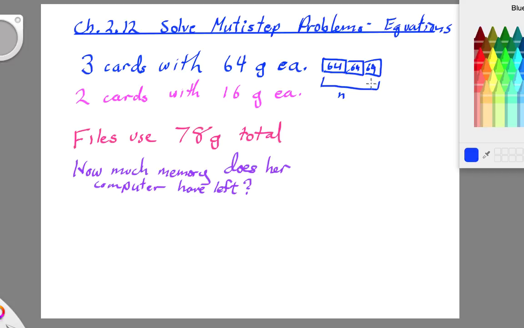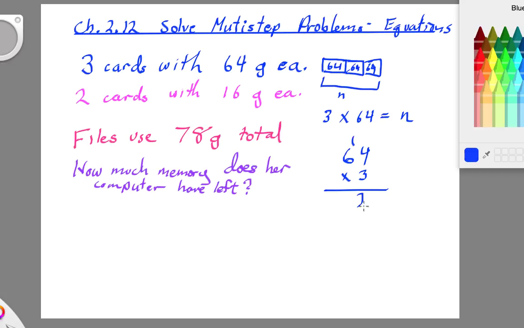So we know that 3 times 64 is the total, which is an n, when we start using letters to show what we're looking for. Okay, so we have to actually do that multiplication. So 64 times 3 is equal to n.